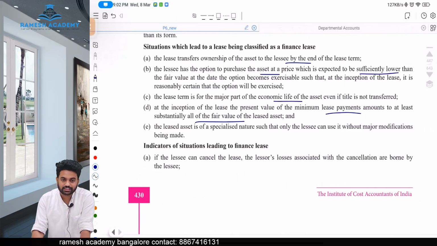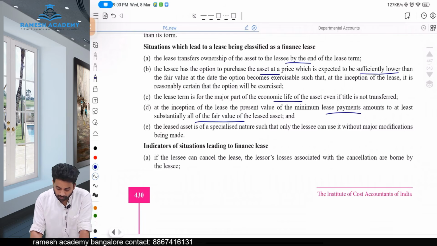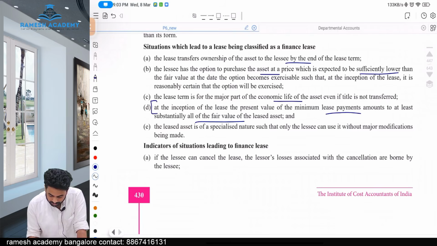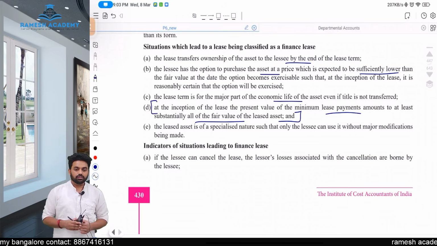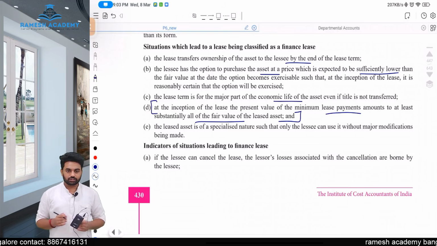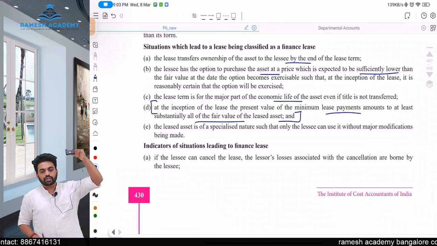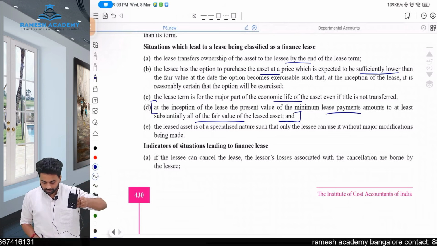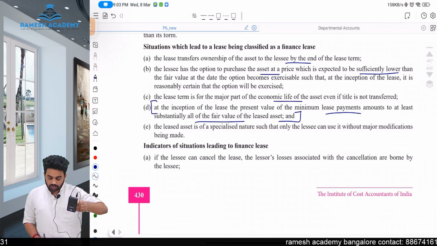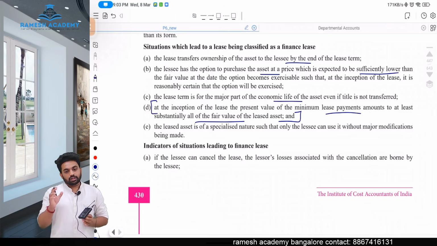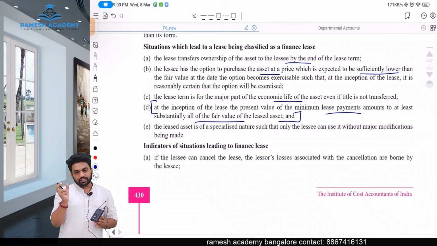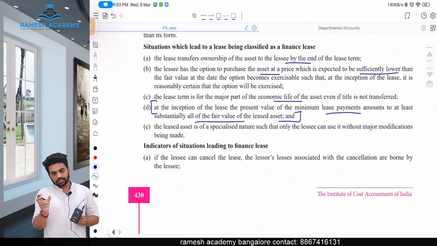At the inception of the lease, the present value of the MLP amounts to at least substantially all the fair value of the leased asset. So here, this point is what you usually use to compute whether it's a finance lease or operating lease. What you have to do is find out the present value of the minimum lease payment, and find out how much proportion of the MLP is there in the fair value.